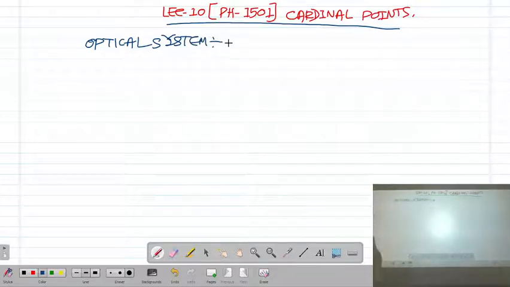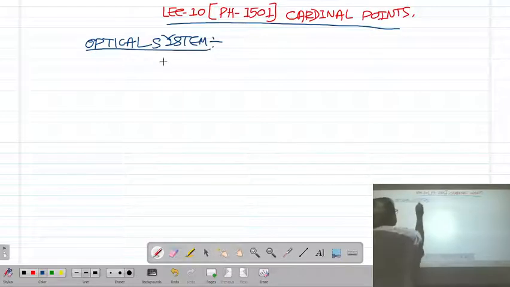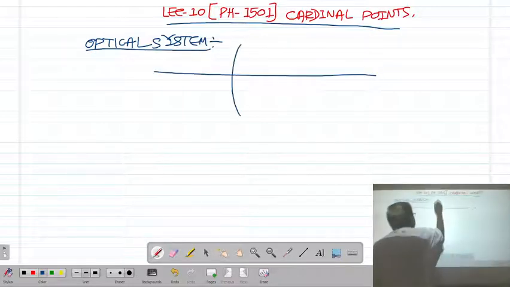As you know, I have defined the optical system. What do you mean by optical system? An optical system is a system consisting of more than one lens.